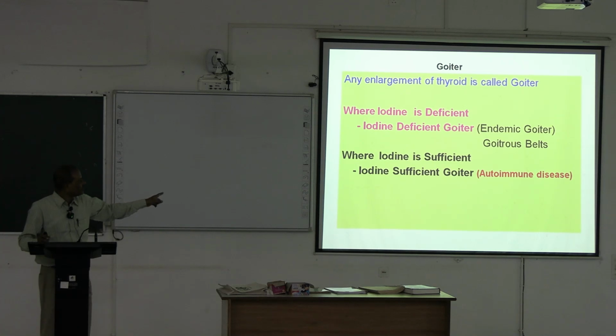The cause of iodine-sufficient goiter is autoimmune thyroiditis. It's an autoimmune disease, which destroys the gland or overactivates it. It's not deficiency. You will unnecessarily cause problems by giving iodine therapy, which our clinicians used to give until the middle of the 90s, and I had to stop it. Don't do it.